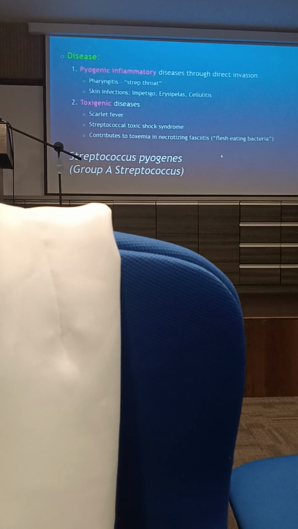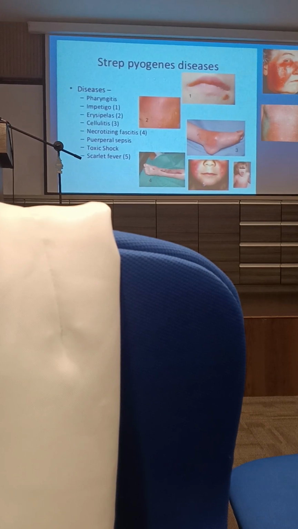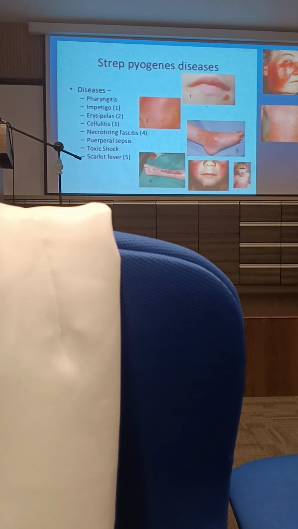We saw some of these in staph just now. Toxigenic disease: scarlet fever, streptococcal toxic shock syndrome. Just now we saw staphylococcal toxic shock syndrome, now we have streptococcal. And also necrotizing fasciitis. So these are the different skin infections caused by Streptococcus pyogenes.